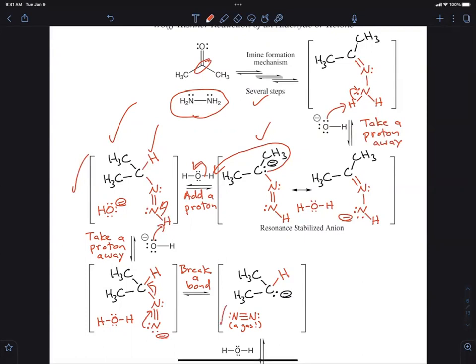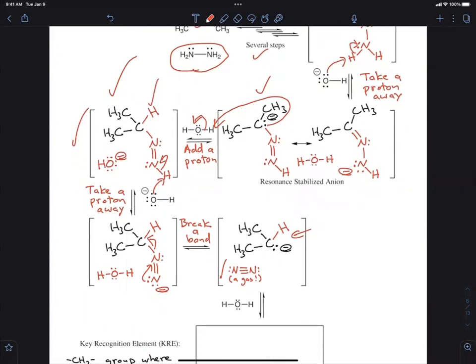That's the only explanation for why we've made something this reactive, a carbon with a full negative charge. That's not something you've seen before. There's no stabilization there. That is a full-blown negative charge, only possible because we made this incredibly stable nitrogen gas, which just bubbles away. Well, that carbon with the negative charge is an incredibly strong base.